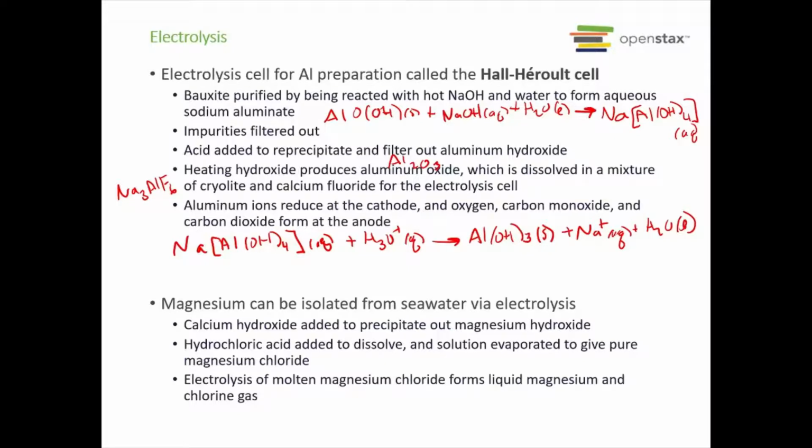And then we add hydrochloric acid to dissolve it. And then we evaporate it so that way the water comes off and we're left with pure magnesium chloride. So that first step, adding the calcium hydroxide, is basically to help purify the magnesium chloride. And then we melt the magnesium chloride down, and then do electrolysis on it to get liquid magnesium and chlorine gas.